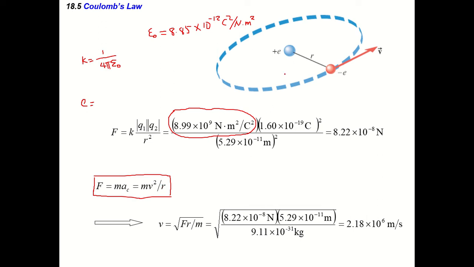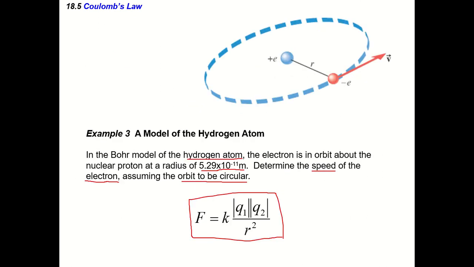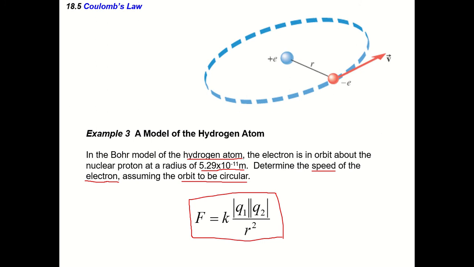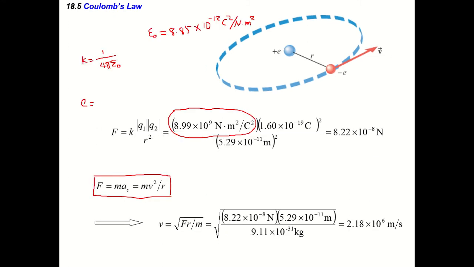R is the distance, the separation between the positively charged proton and the negatively charged electron.